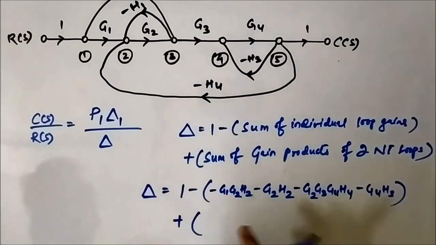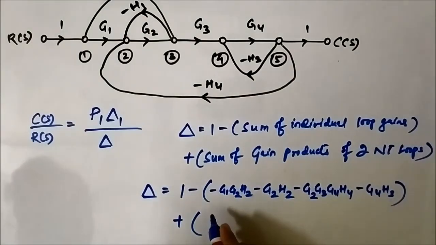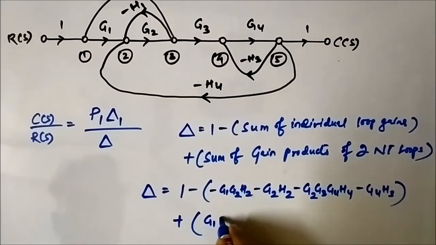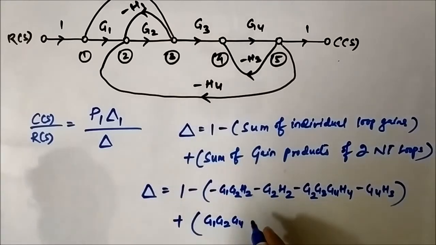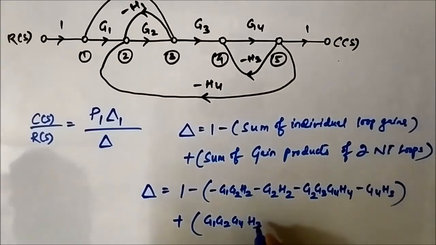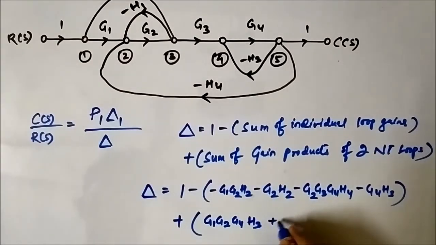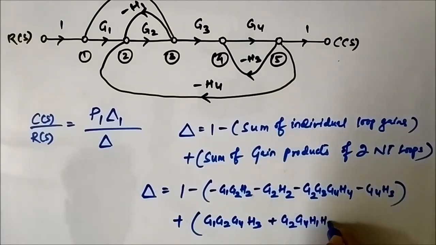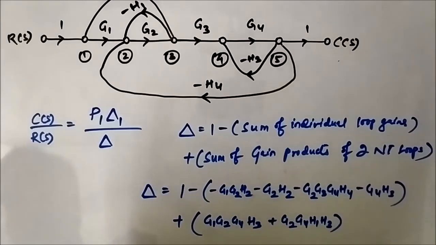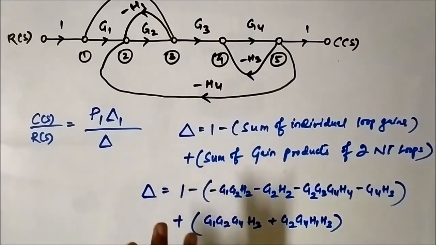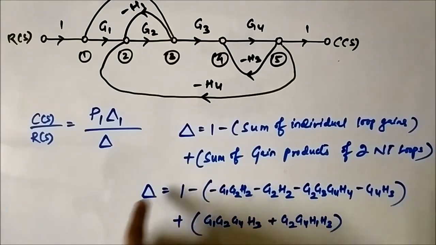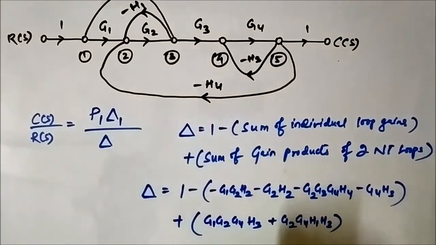So the gain products will be G1 G2 G4 H3 plus G2 G4 H1 H3, the two non-touching loops. So now we have to put this determinant here. This is the graph determinant. Now we have to complete this expression.